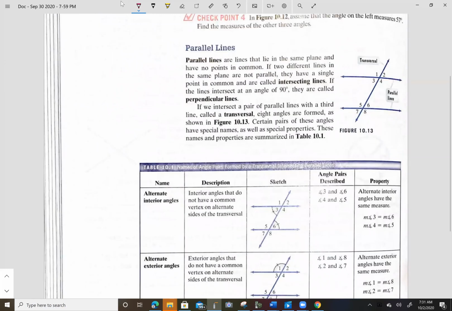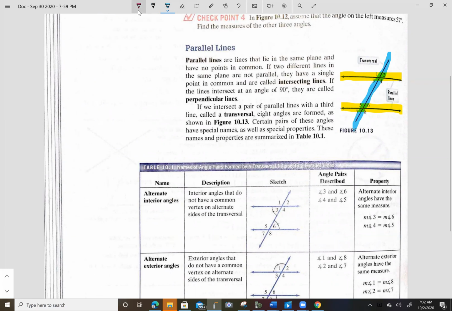Parallel lines and transversals. Okay, so if we look at this figure, this line and this line, they don't have their lines labeled, I wish they did, are parallel to each other. And that makes the line crossing through the transversal.